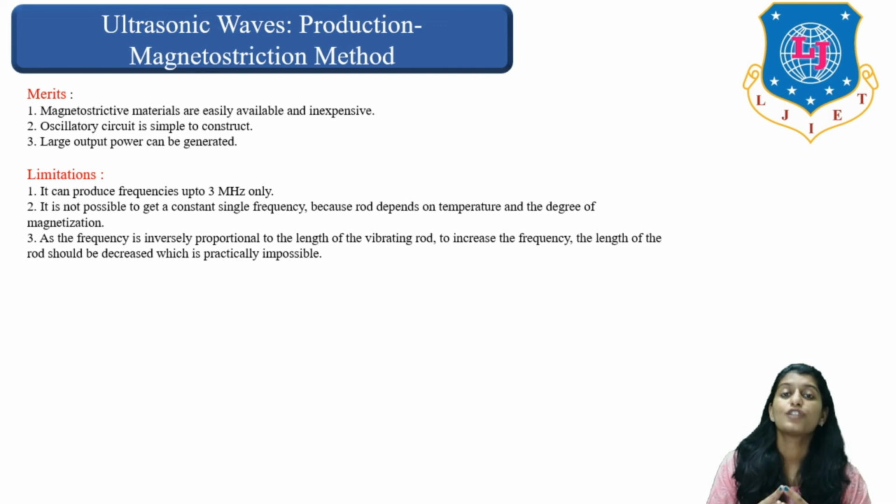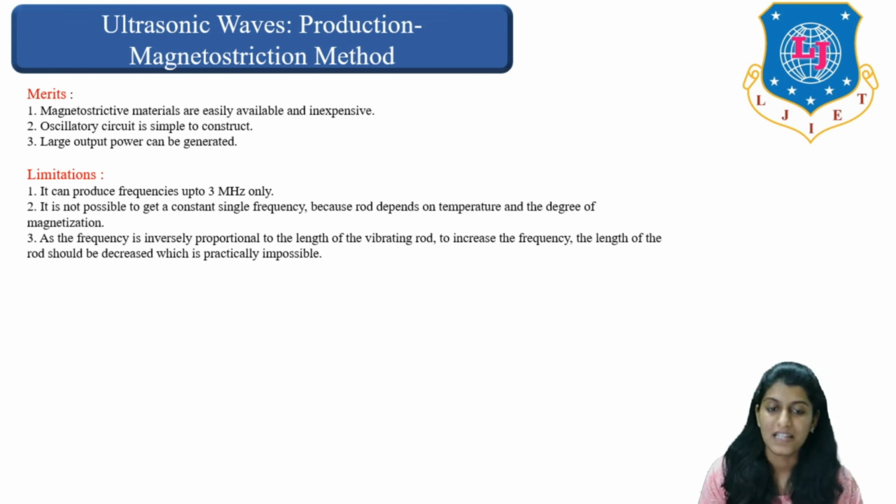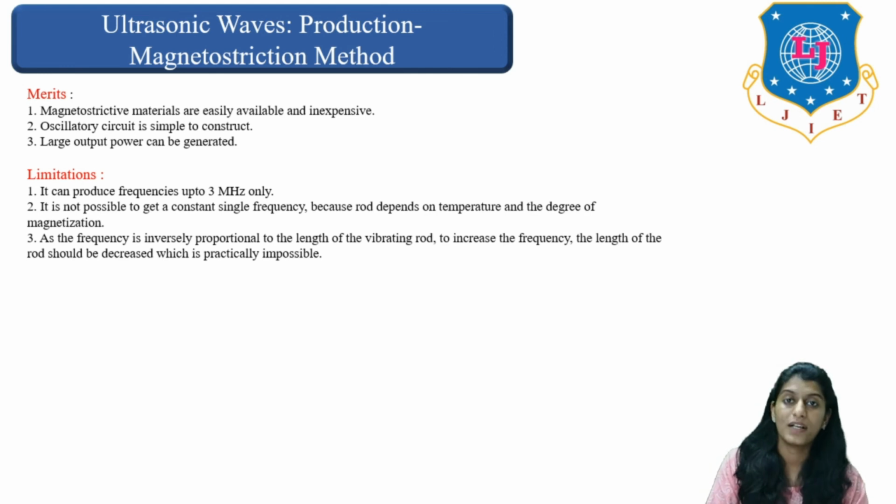Then, it is not possible to get a constant single frequency because the rod depends on temperature and degree of magnetization. This is very important, we must remember this point. A single frequency is not possible in magnetostriction, due to two important factors: rod temperature and degree of magnetization.